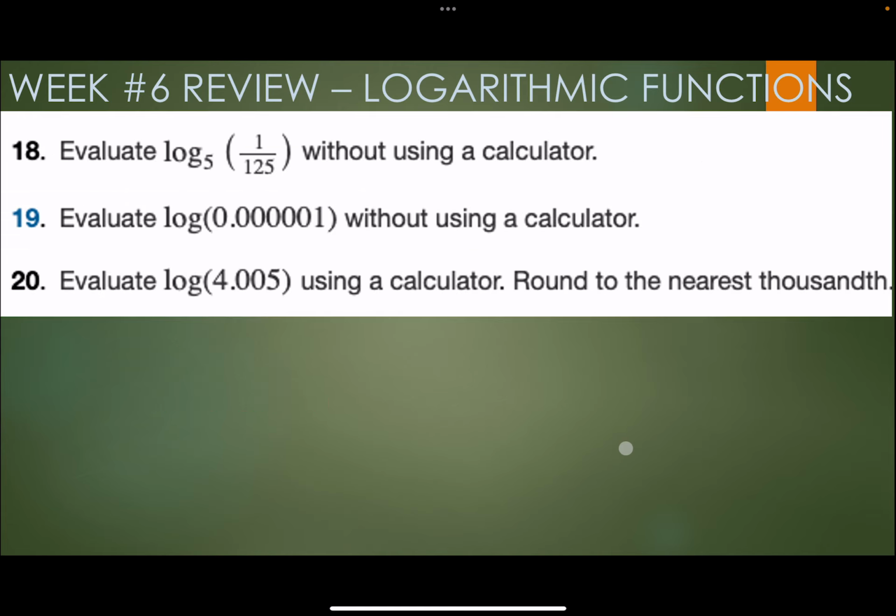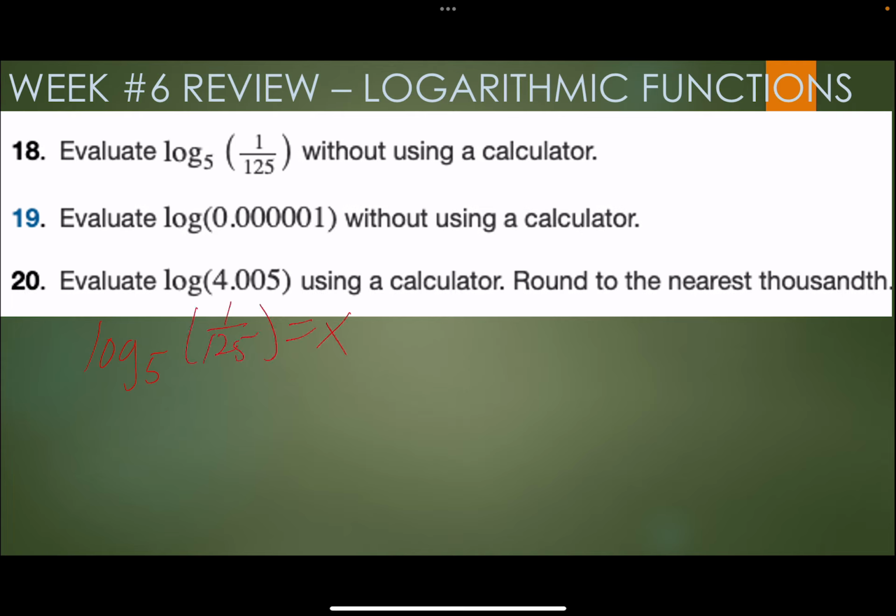All right, last two. I'm going to do 18 and I'm going to do 20. So 18, pause here so you can practice. Okay, so 18. We're going to evaluate that without a calculator. So we're going to say, okay, log base 5 of 1 over 125 equals something.